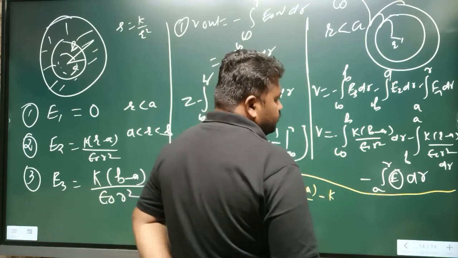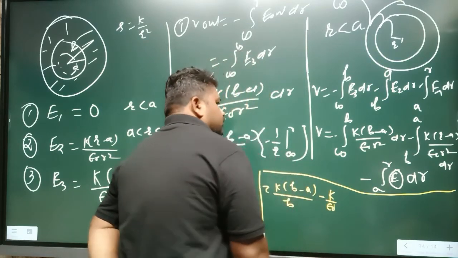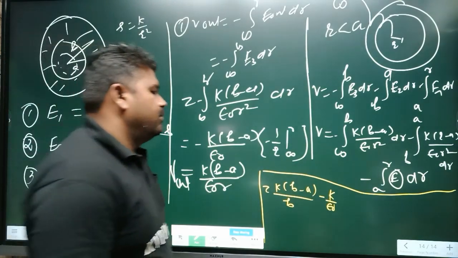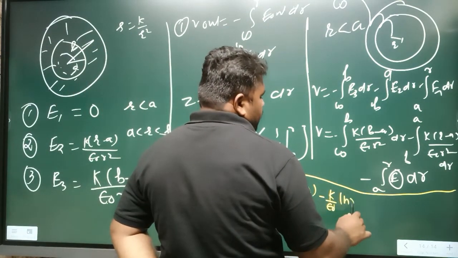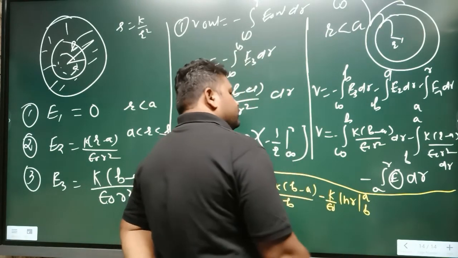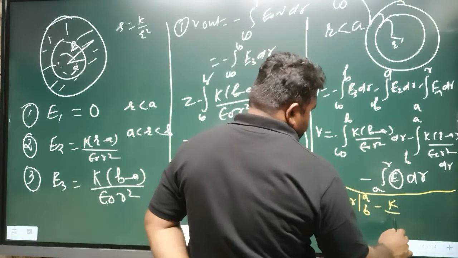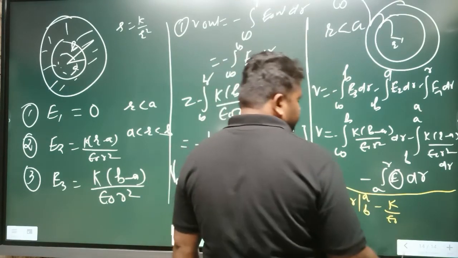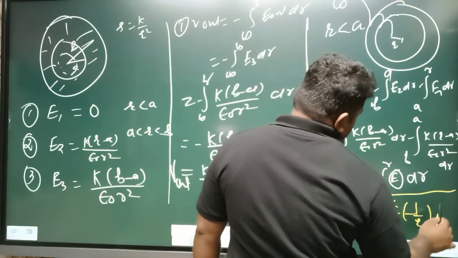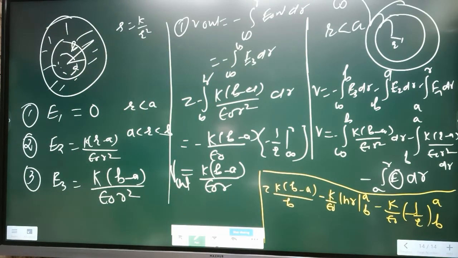Minus k by epsilon naught, 1 by r integration is ln r, no? ln r, limit b to a. Next, minus minus becomes plus, 1 by r square integration is minus 1 by r, limit b to a. And the last integration is equal to how much? 0. Last integration is 0.